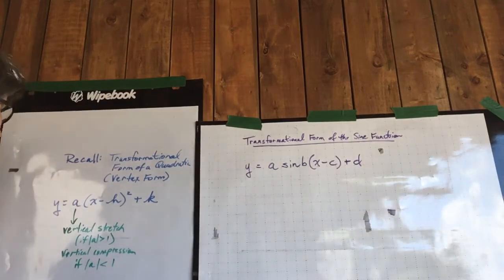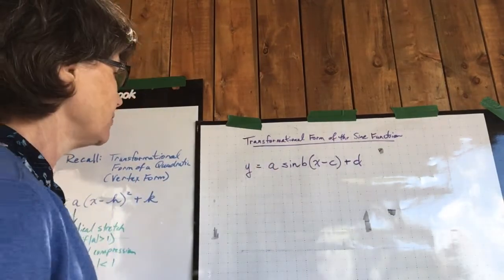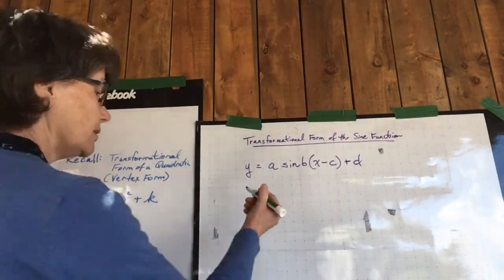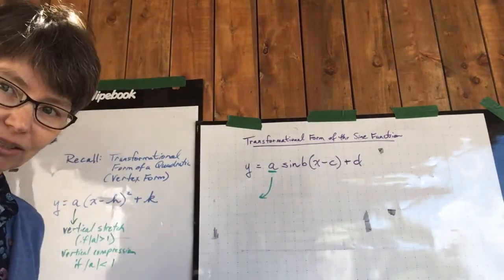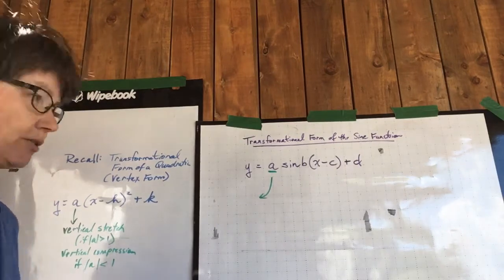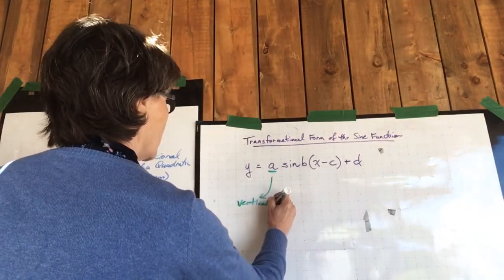Okay. Next, let's go over here to our transformational form of a sine function. You'll notice that we also have a. This does the exact same thing in a trig function as it does in a quadratic function. So this is our vertical stretch or compression.